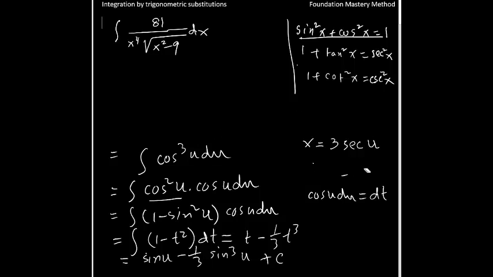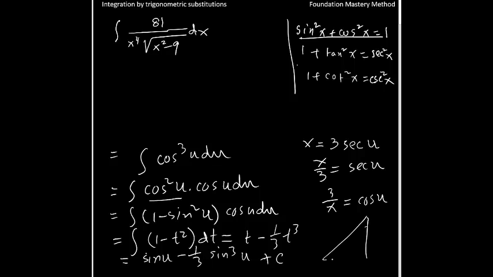Now look at here. When I have x equals 3 secant u, then I can say x over 3 is secant u. Since we are comfortable with sine and cosine, I can just say 3 over x is my cosine u. So then we make a right triangle where this angle is u, so it is cosine. So then we can say this is my 3 and this is my x.